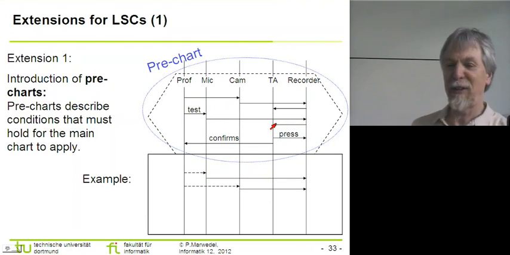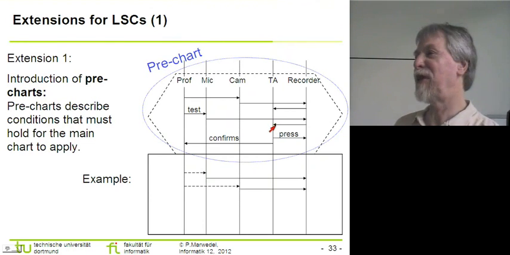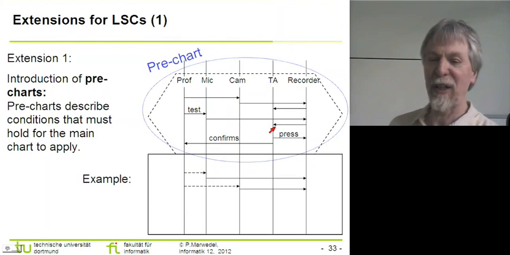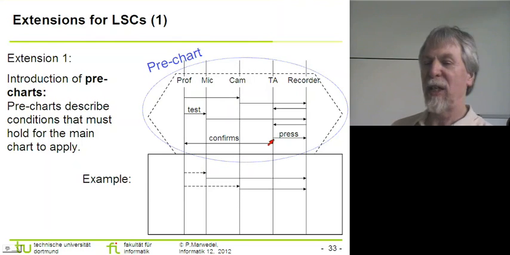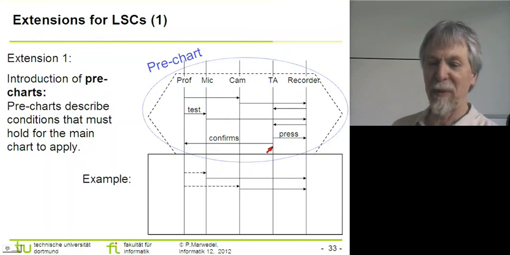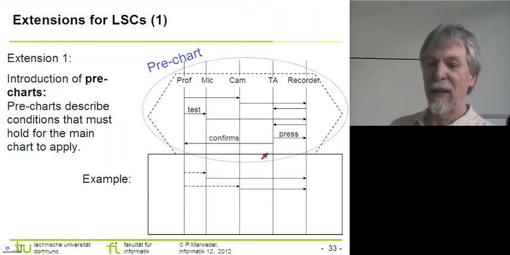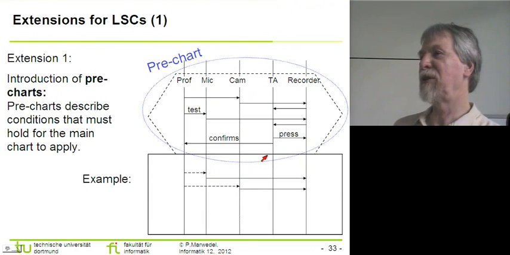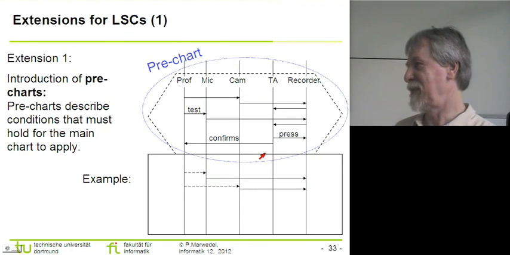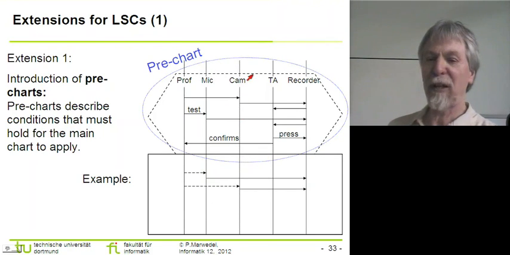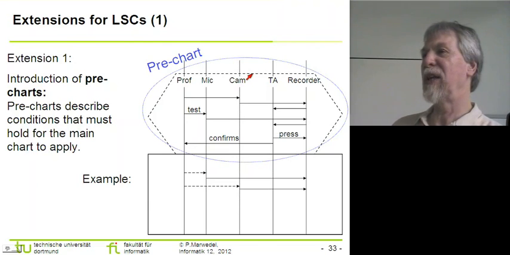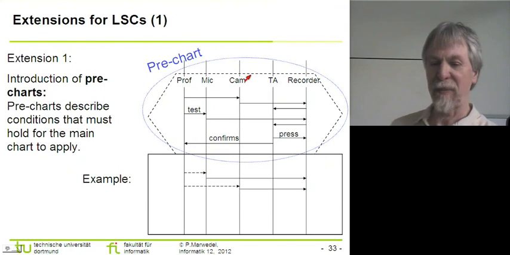And if the teaching assistant has observed that video and audio are actually arriving at him, he will press the recording button and tell the professor, you can start your lecture right now. Now this is a necessary precondition. If this is not met, we will not start the lecture. So that means we will exit that diagram in case that precondition is not met.